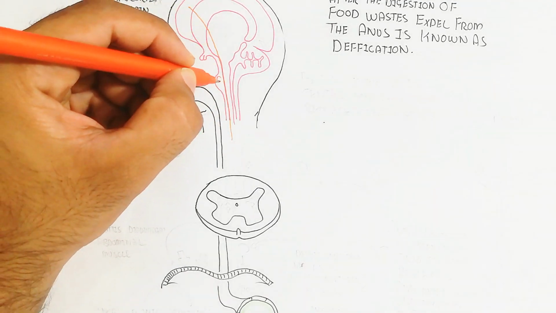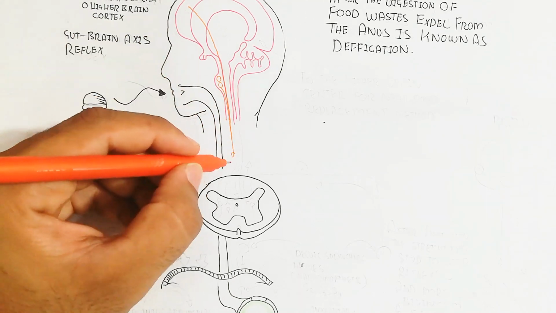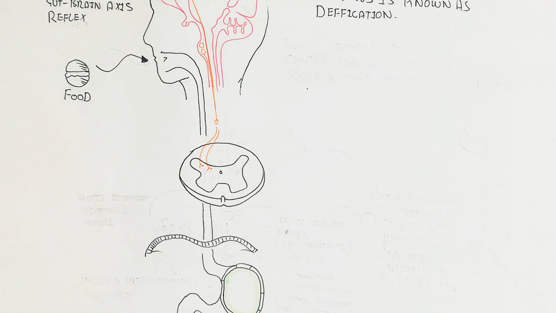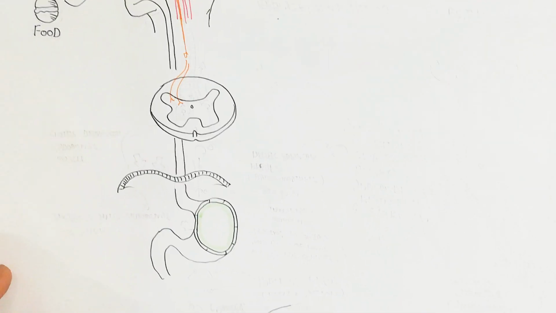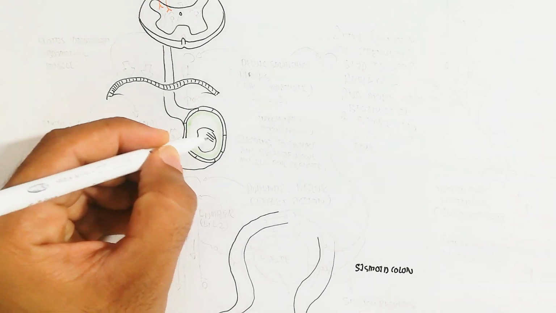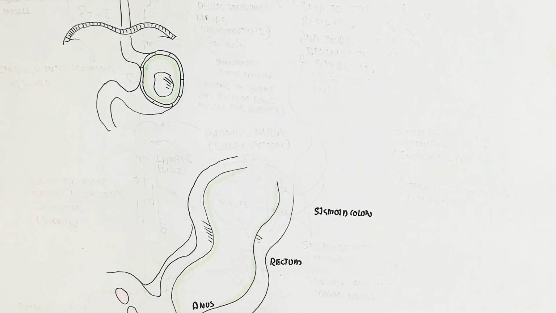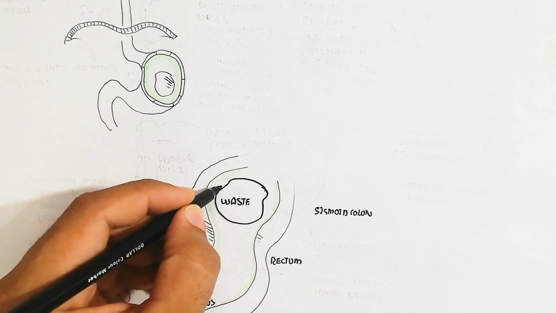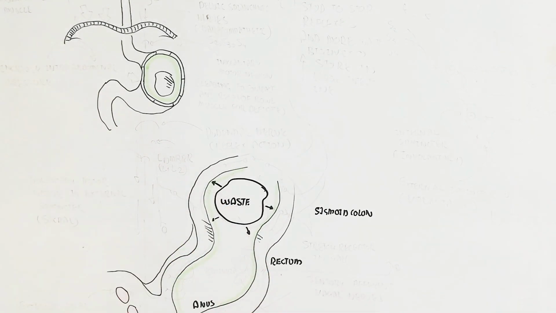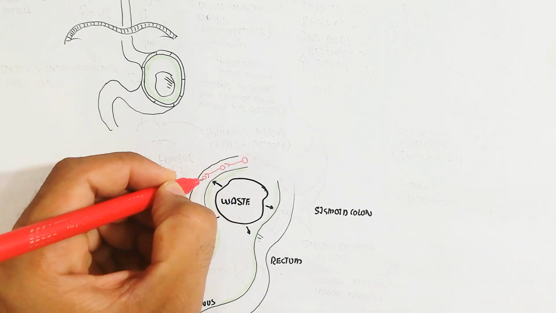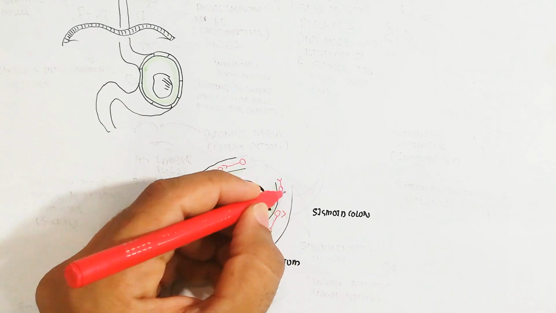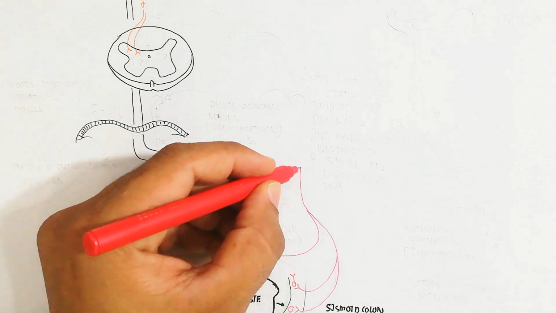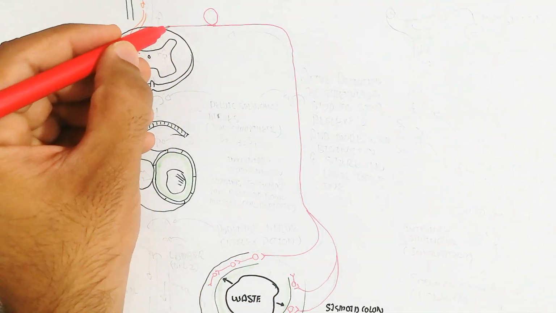Let's understand the gut-brain axis reflex. The cerebral cortex, or higher brain cortex, will give the signal after receiving the signal from the stretching of the wall of the rectum. This waste will stretch the stretch receptors in the wall of the large intestine, the sigmoid colon as well as the rectum, which give the signal toward the brain.